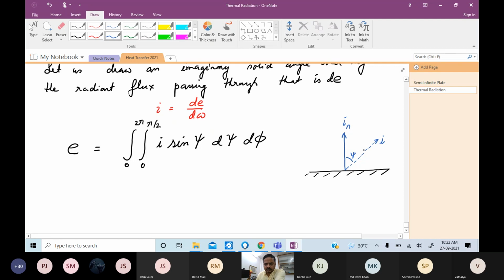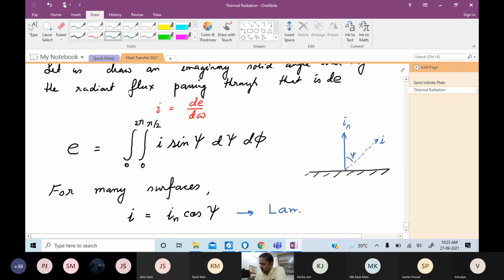I'll call it I. Okay. So here we are thankful to a friend called Lambert. So again, this is not universal. So I'm writing for many surfaces. Okay. I is IN cos psi. Okay. This is called the Lambert's law.